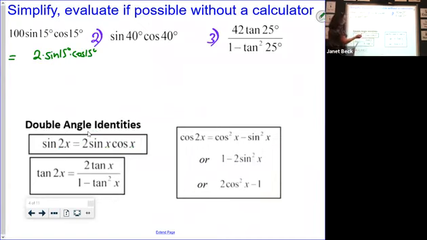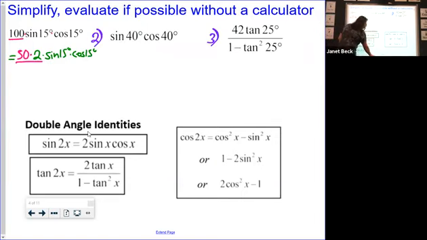The problem is, though, we didn't just have 2 times the sine of 15 cosine of 15, we had 100 times it. So this was just a multiplication problem, 100 times the sine of 15 times the cosine of 15. We can factor that 100 into 50 multiplied by 2. So there's my 100, there's my 100.